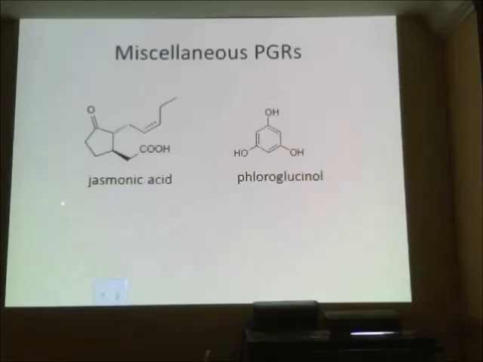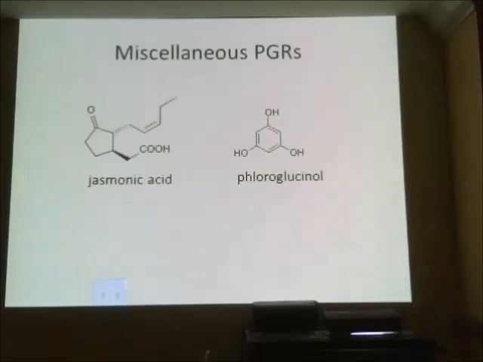The other compound here, jasmonic acid, is another natural compound. Both of these things occur naturally. This one is very easy to synthesize in the lab. This one's a lot harder, but jasmonic acid, this natural product, stimulates the expression of protease inhibitors.